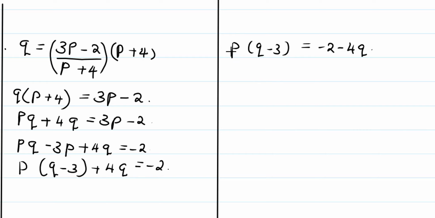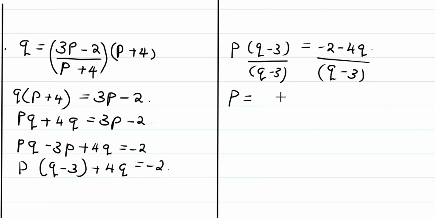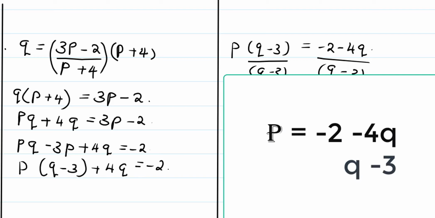So to get p alone, I can divide both sides by this q minus 3 here. q minus 3. And then this one will cancel with this one, so I remain with p is equal to negative 2 minus 4q all over q minus 3.